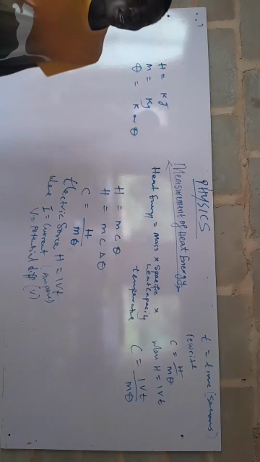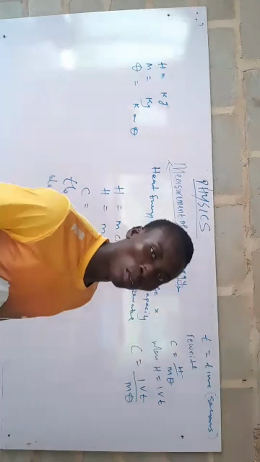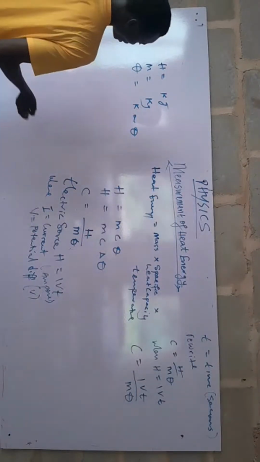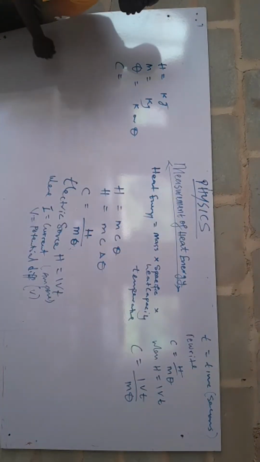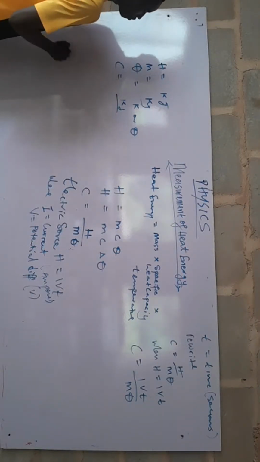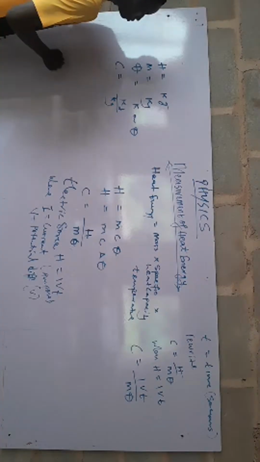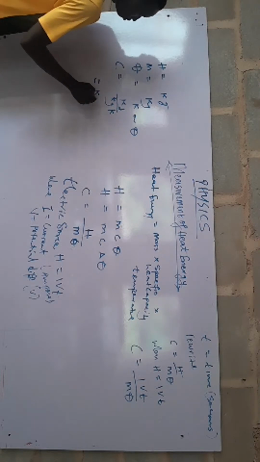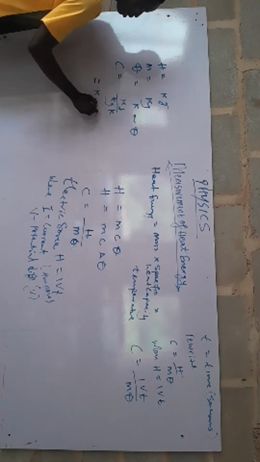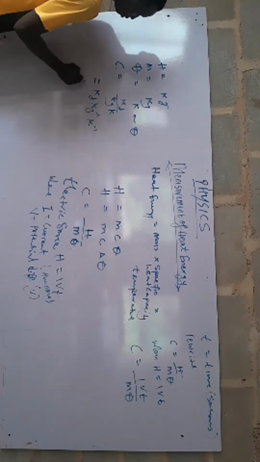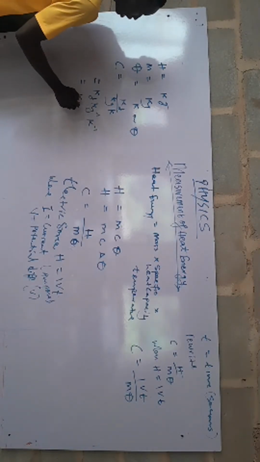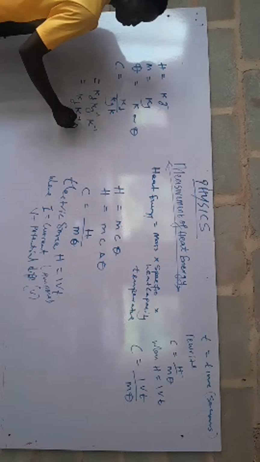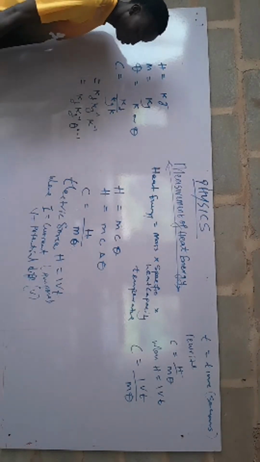Now, you can find the unit of the specific heat capacity. For specific heat capacity C, we have C equals kJ over the mass in kilogram, then the temperature. So we are going to have kilojoule per kilogram per Kelvin, or kilojoule per kilogram per degree Celsius, as you can see there.